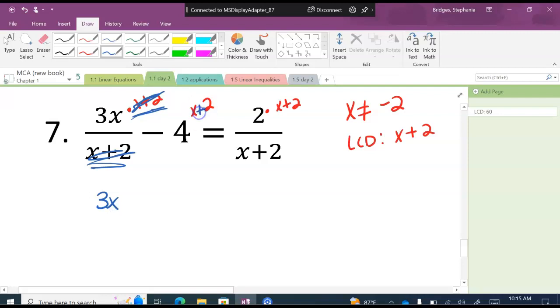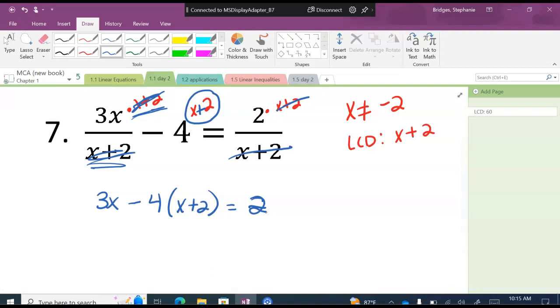And then here you've got that negative 4. That has to be multiplied by that entire x plus 2, so what do you think I should put that in? Parentheses. And then that last fraction, the x plus 2's cancel each other out, and you'd just be left with 2. Okay, so I'm not going to finish it, but I just kind of wanted to show you when you have binomials as LCDs, they cancel each other out.